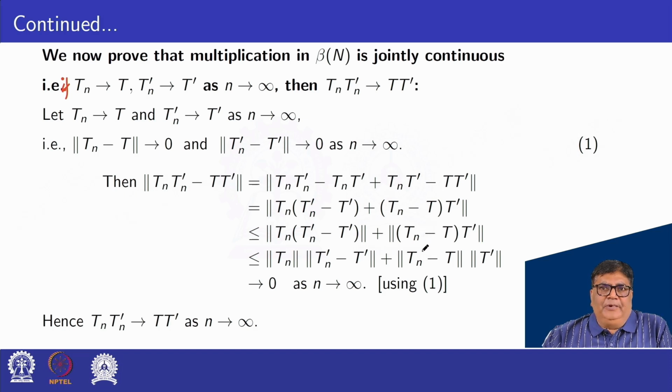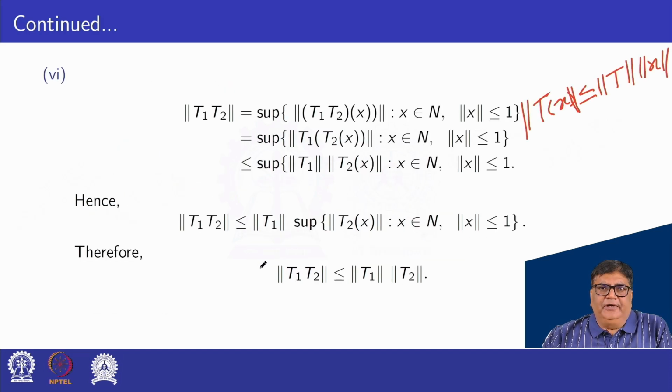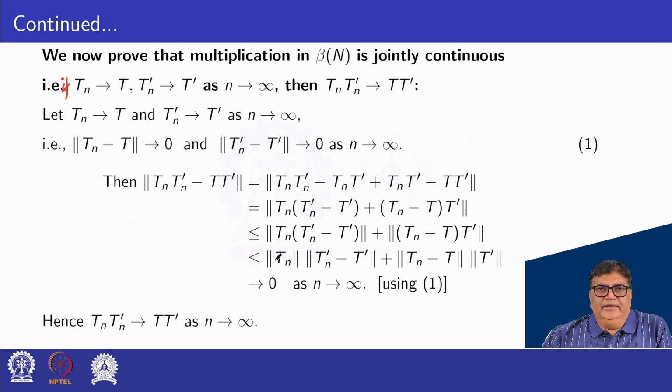Applying the above sixth property, we can write this is less or equal to norm Tn times norm Tn dash minus T dash, plus norm Tn minus T into norm T dash.